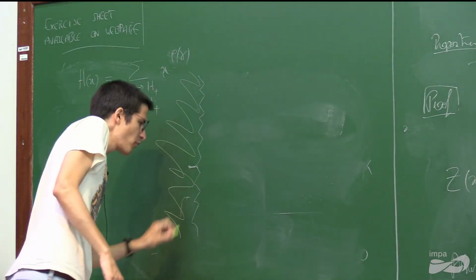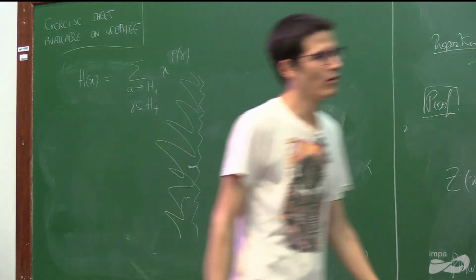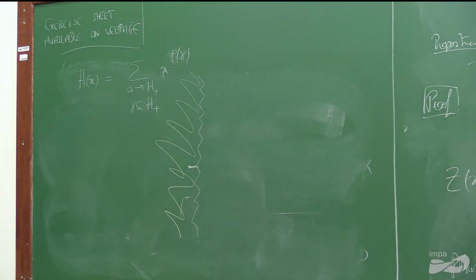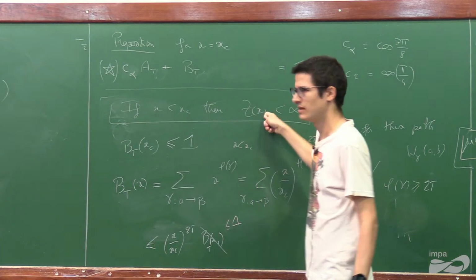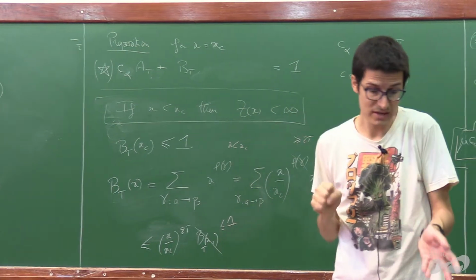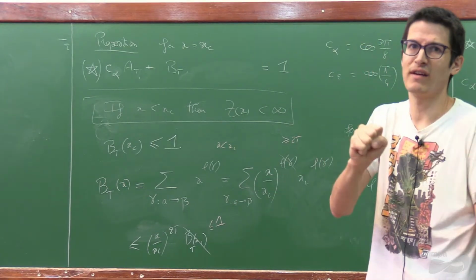So all the walks will be located to the right of A. So it's a smaller sum than Zx. But what I want to show is that actually you can control Zx by Hx. So if you show that Hx is finite, this is sufficient.